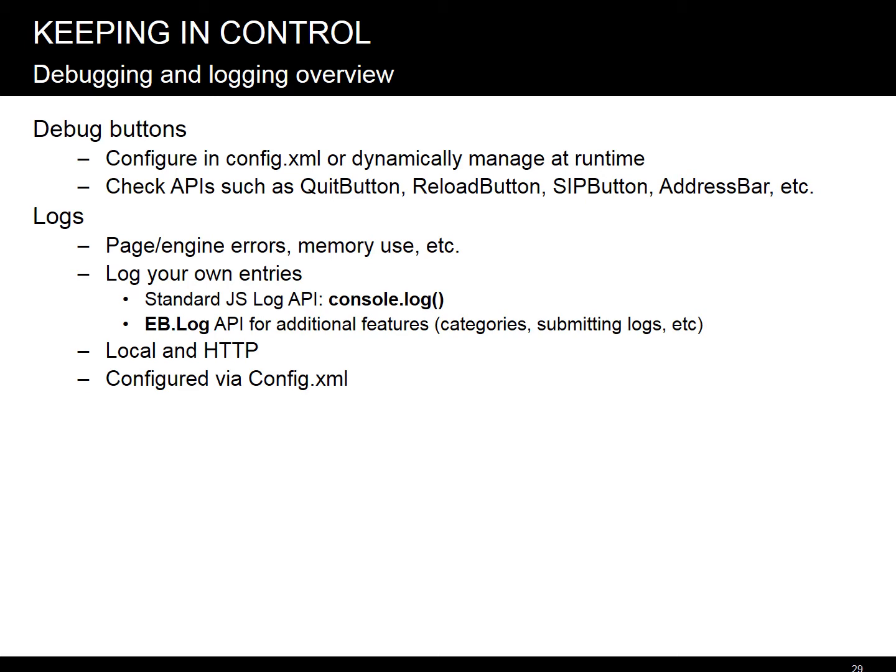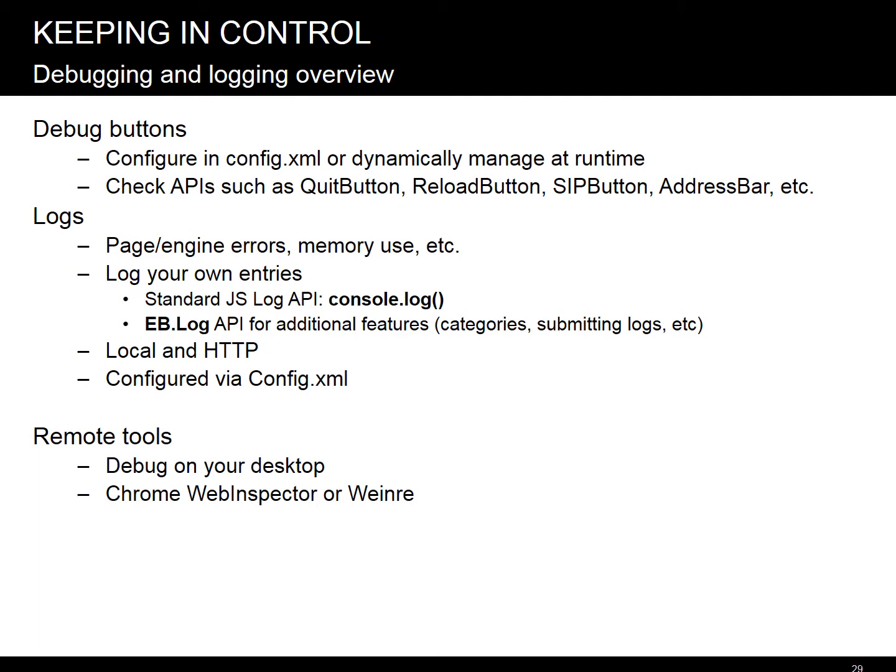The standard logs contain runtime information, such as page and engine errors, memory usage, but you can log your own entries as well, using either standard, the js console.log() API, or the eb.log API that has some additional features such as categories, submitting log files, etc. With EB, you are not limited to local logging only. You can also log over HTTP to your cloud telemetry server, for example. All this goodness is configured in the config.xml, and we'll review 2 typical examples at the next slide.